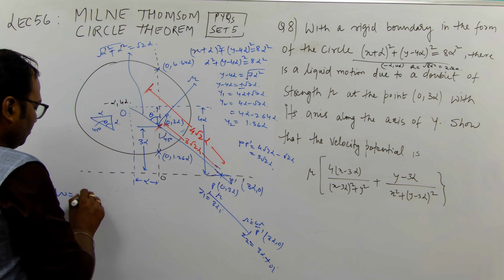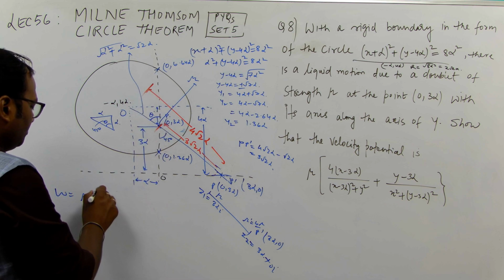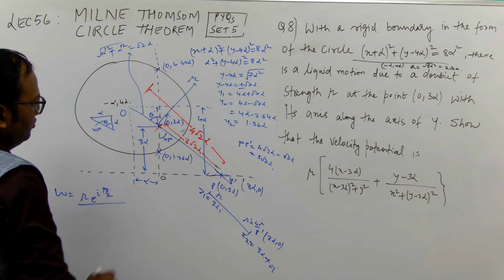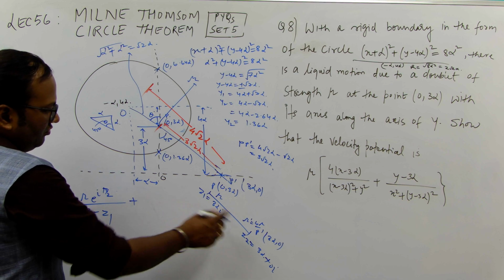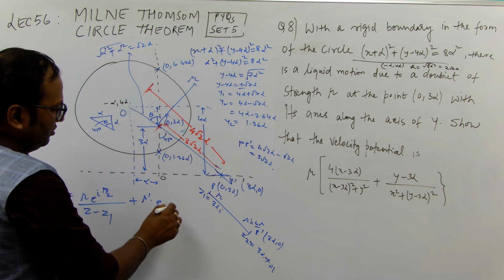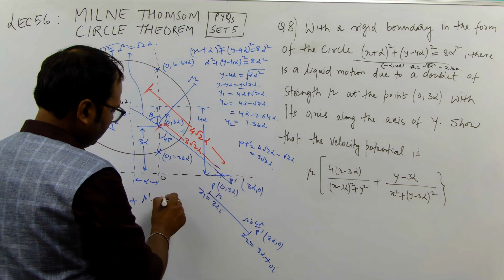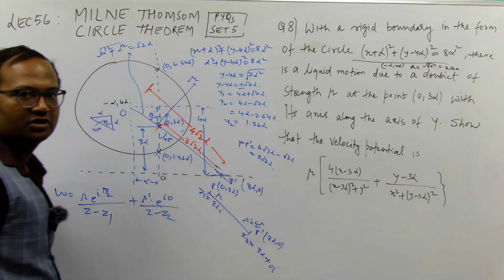Okay, so let us write down the equation of complex potential. So W is equal to mu, and since this is in direction of y axis, the mu e to the power I pi by 2, since it is in direction of y axis, upon z minus z1, plus mu dash into e to the power I into 0 upon z minus z2. This is on the x-axis, so the direction of this will be along the x-axis. So now let us put the value.